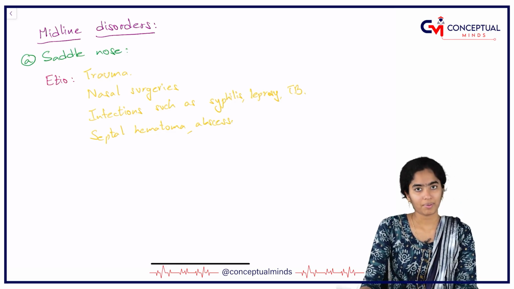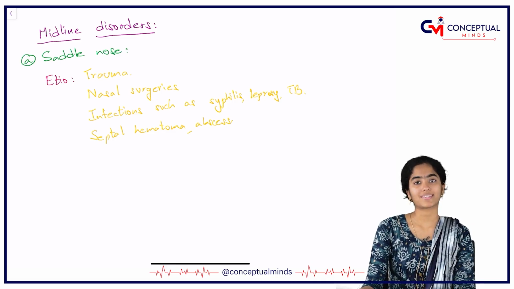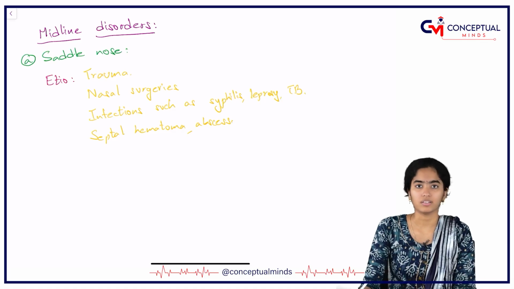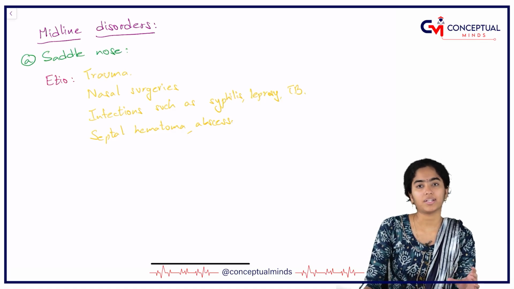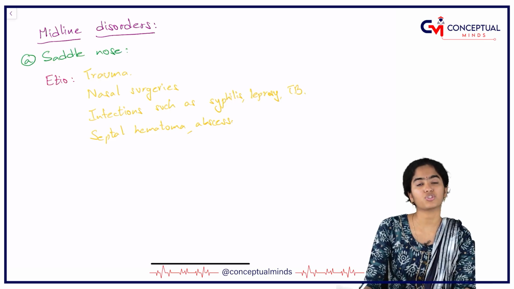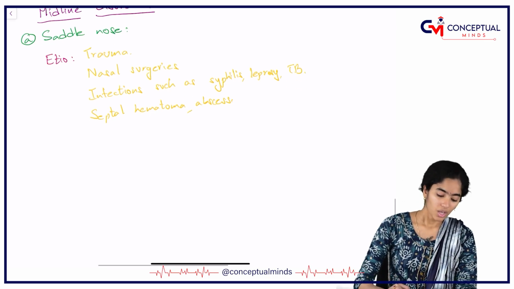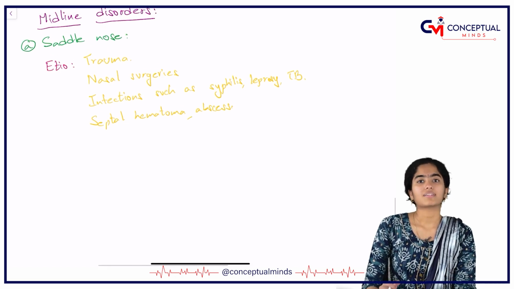Now please remember, any deviation or disturbance in the septum will usually be reflected in the external nose. Okay, so any septal deviations or dislocations usually result in an external nose deformity also. Please remember this. So how do we treat saddle nose?